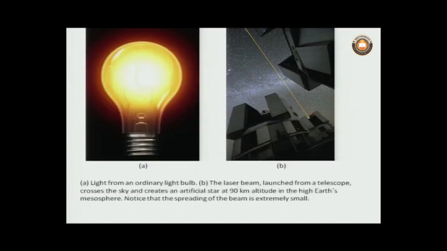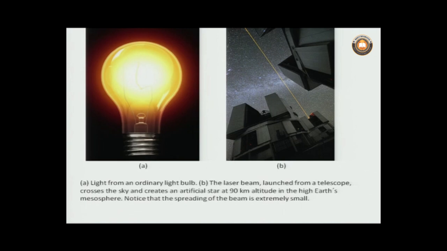What is the main difference between the light that comes out of a bulb and the light that comes out of the laser? The photograph on the left is the light from an ordinary light bulb, which spreads out in all directions.